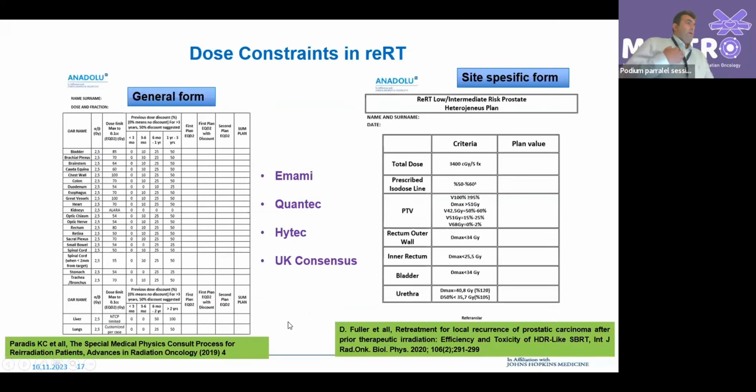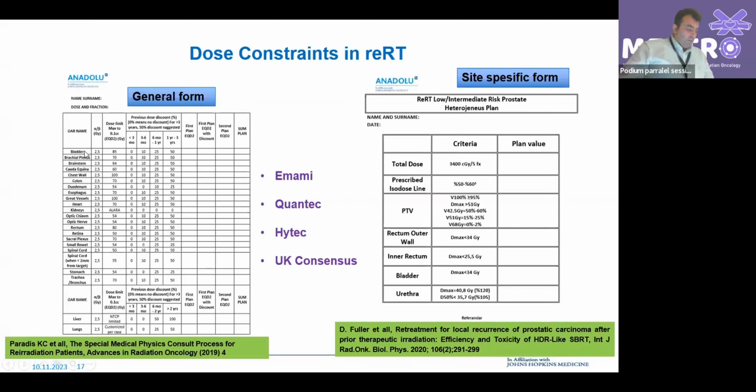So what about our experience? What are we doing in our department? We have 2 different forms. The first one is a general form we use in our department, which gives us some values, and this form is copied from Paradis et al., published in 2019.